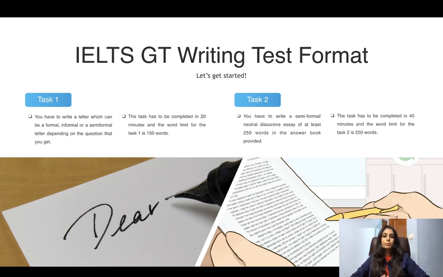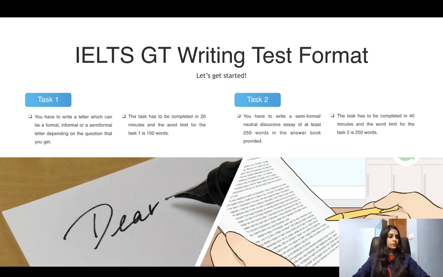So you should also be particular about your speed in both writing and also in terms of typing. Is your typing good enough, and is your handwriting plus the speed of writing good enough? You should be taking care of all of these things. So yes, this is about the GT writing test format.